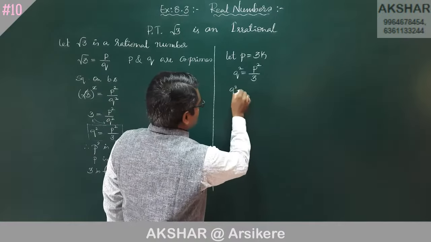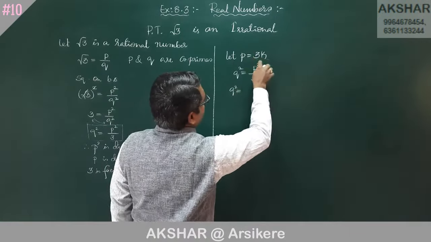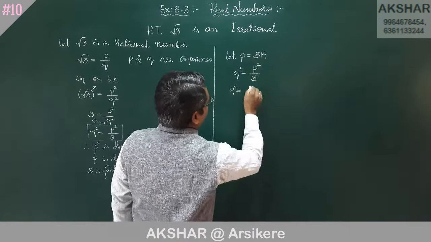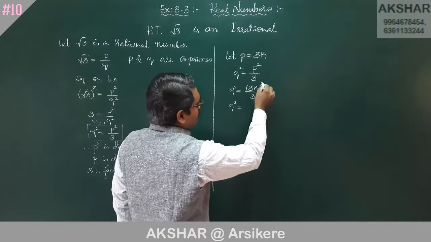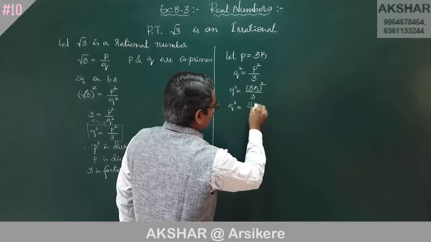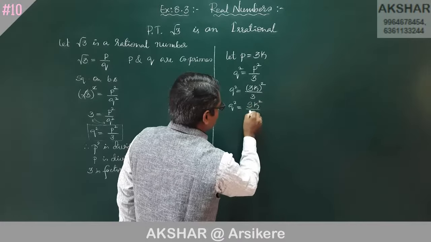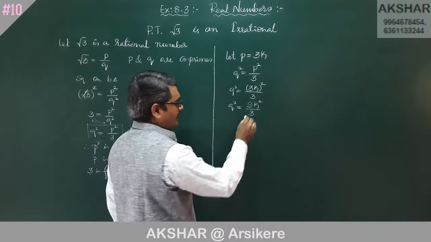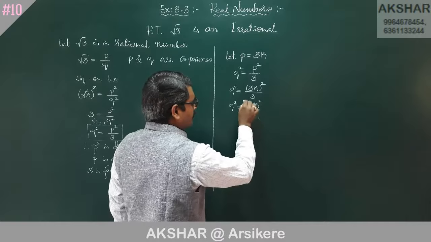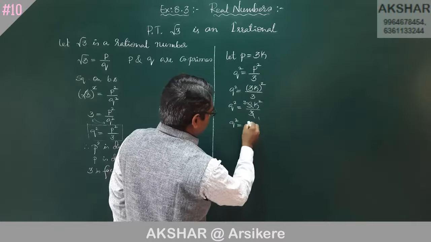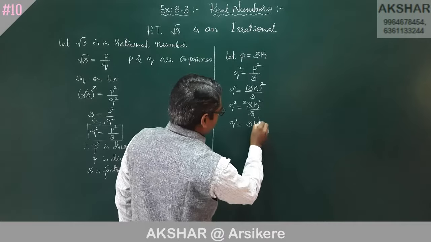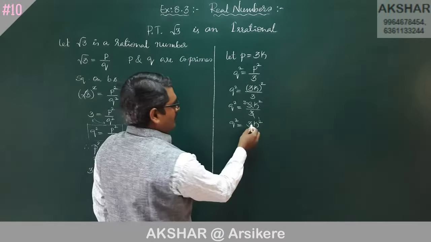Observe here, in this equation, that is q square is equal to p square by 3. So q square is equal to, substituting the value of p, that is 3k whole square divided by 3. Q square is equal to 3 square means 9k square divided by 3. 3 ones are 3, 3 threes are 9, that is q square is equal to 3k square.